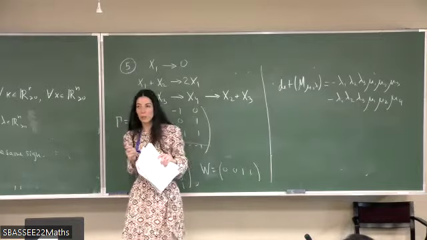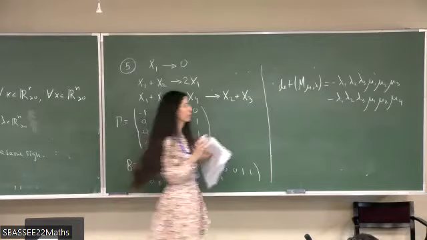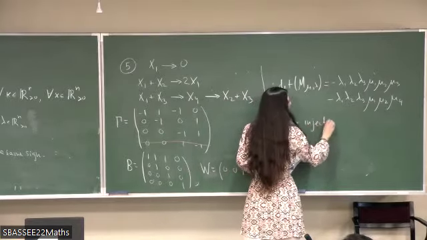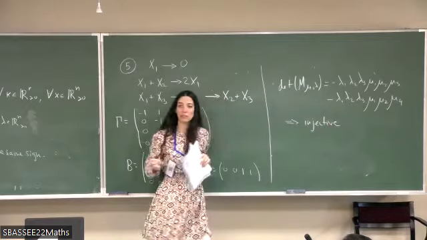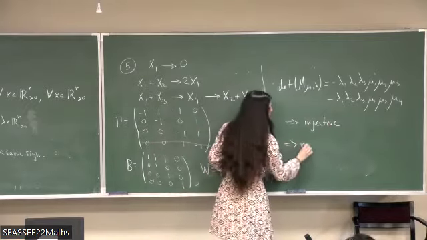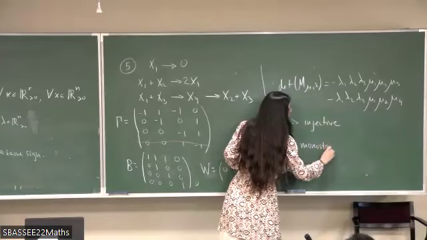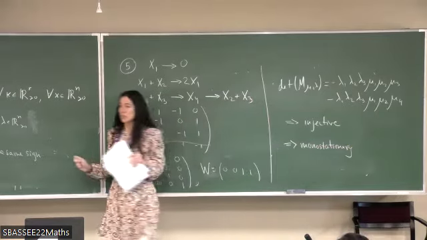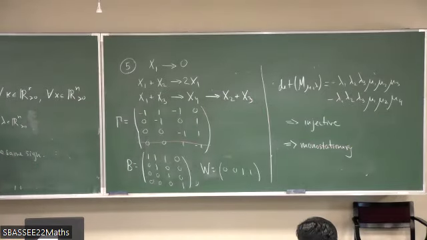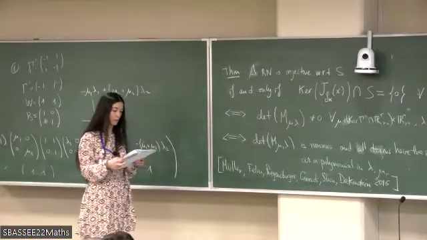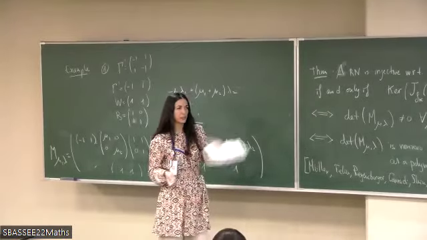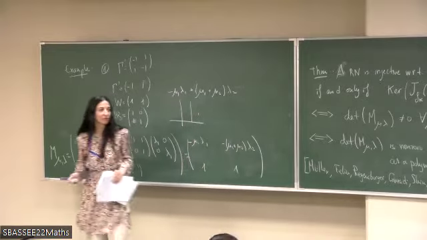So non-zero polynomial, same sign. So it is injective. And if it is injective, it can have at most one positive steady state for each compatibility class. And I had some further examples, but I'm over time, so I'll stop here.